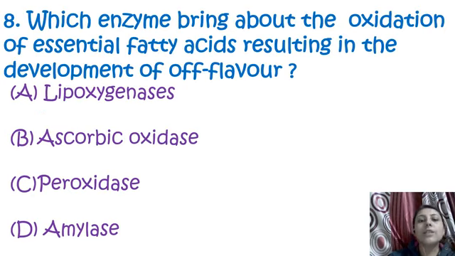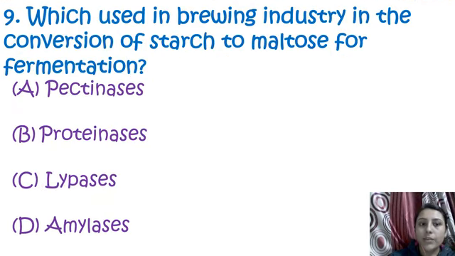Eighth question is, which enzyme brings about the oxidation of essential fatty acids resulting in the development of off flavor? And the answer is lipoxidase. Next question is, which enzyme is used in the brewing industry in the conversion of starch to maltose for fermentation? Almost all fermentations require amylase enzyme.